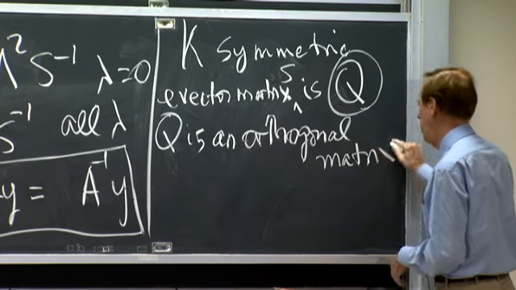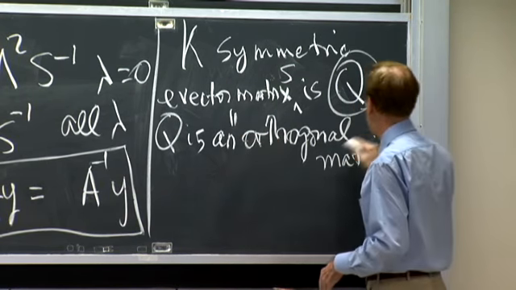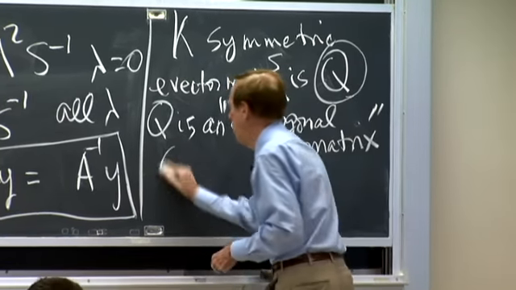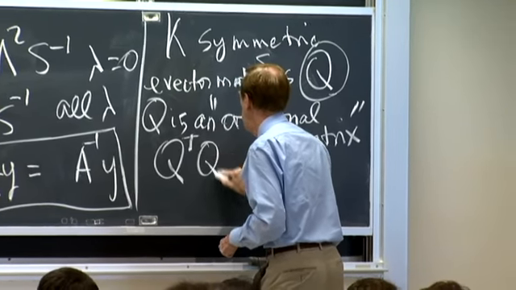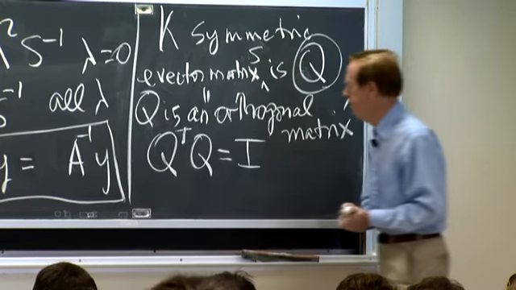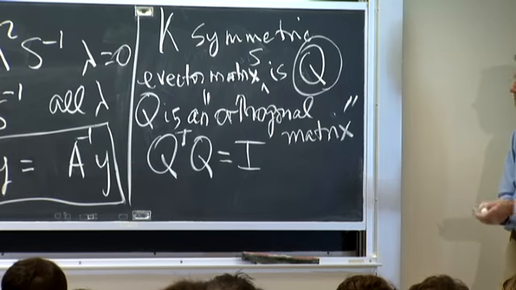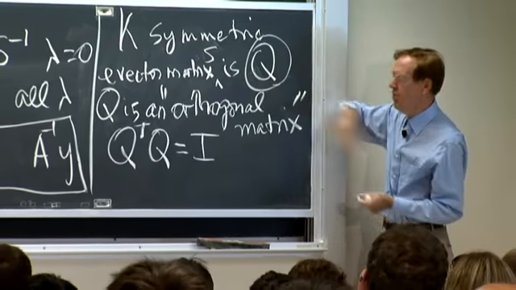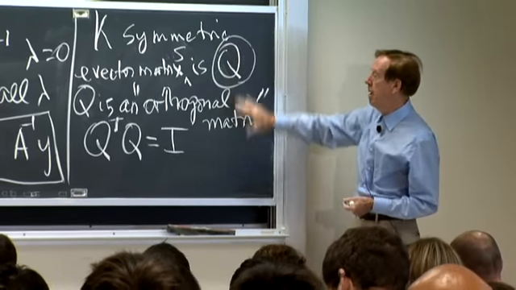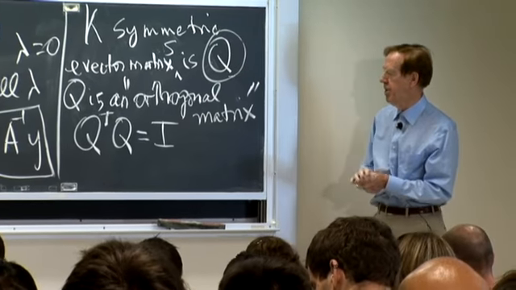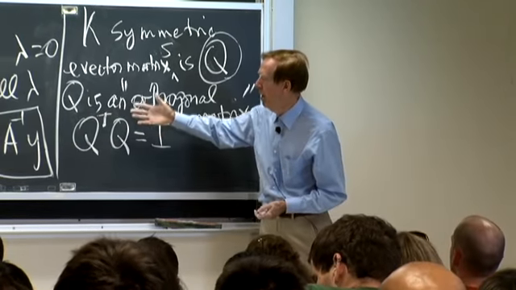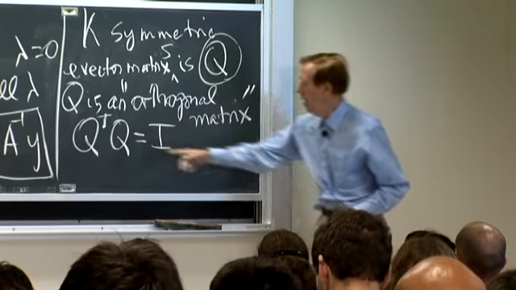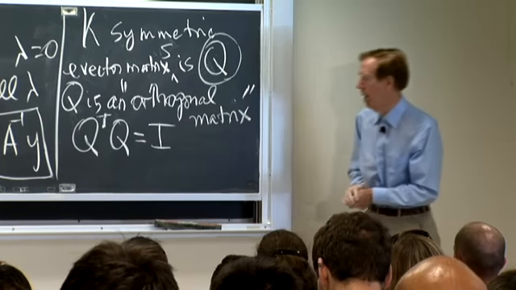There's a name for matrices with this important property, and there's a letter Q that everybody uses: an orthogonal matrix. And what does that mean? It means just what we said, Q transpose times Q is I. What I've done here is just introduce a special letter Q, a special name, orthogonal matrix, for what we found for eigenvectors of a symmetric matrix. And this tells me one thing more.